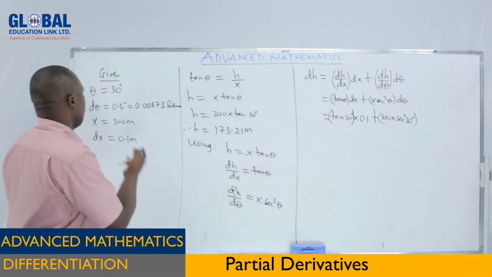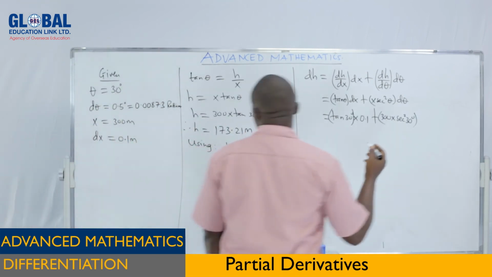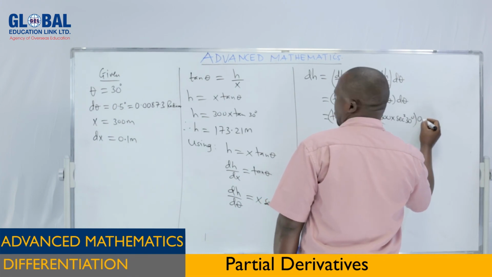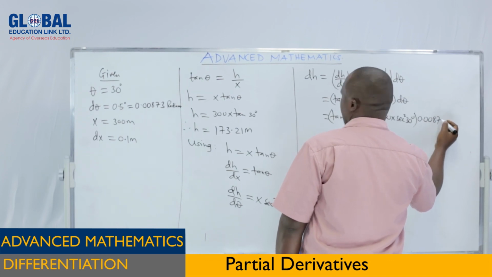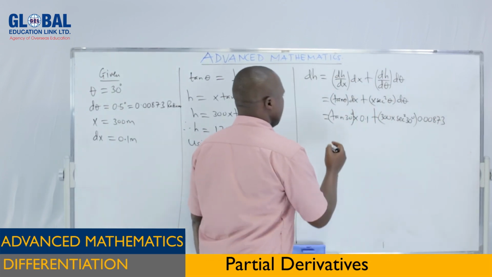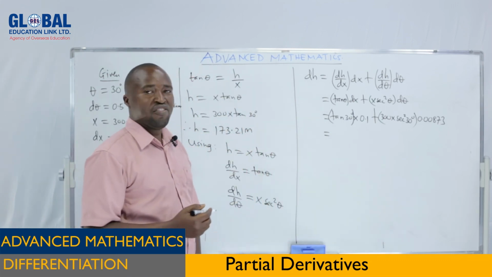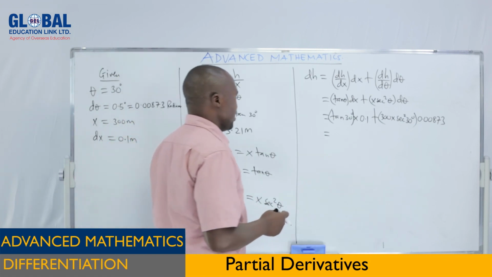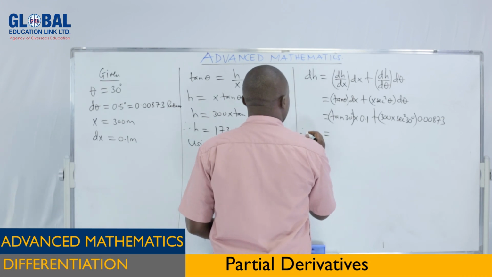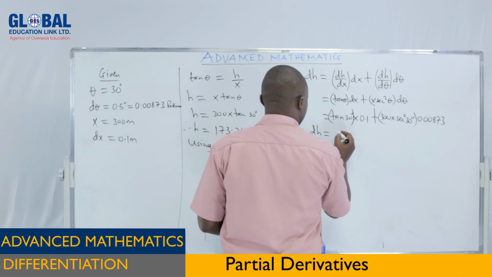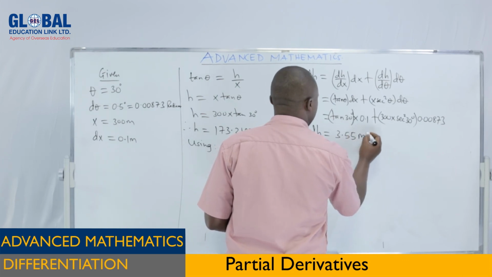This time d theta will be in radian, that is 0.00873 radian. So again, dear student, take your calculator and compute the final answer. The final answer is dh equal to 3.55 cubic meters.